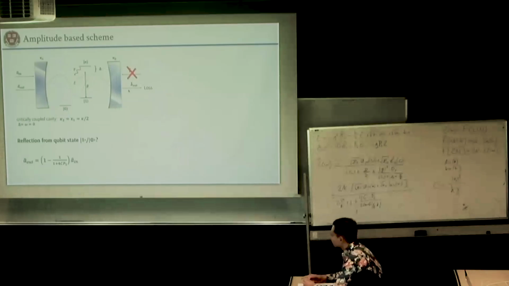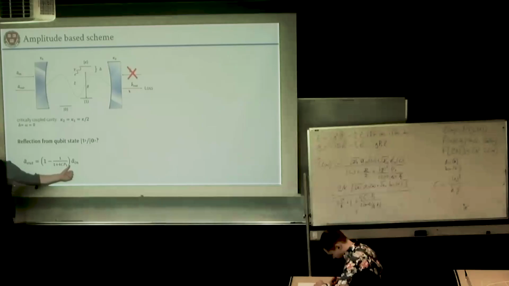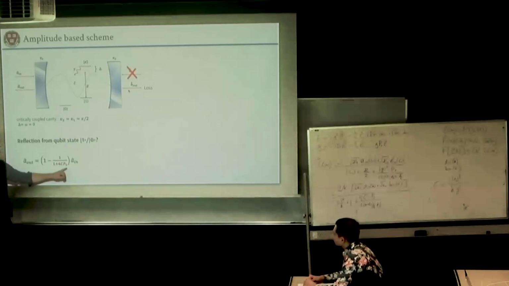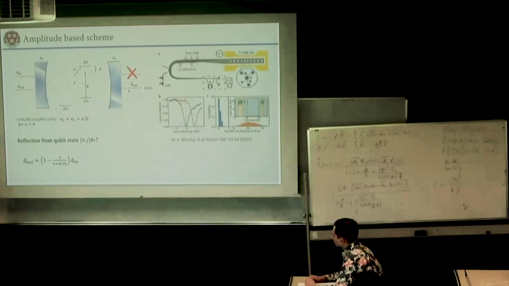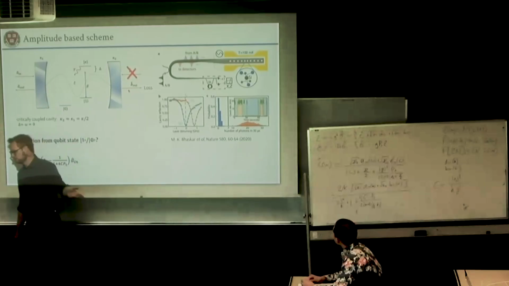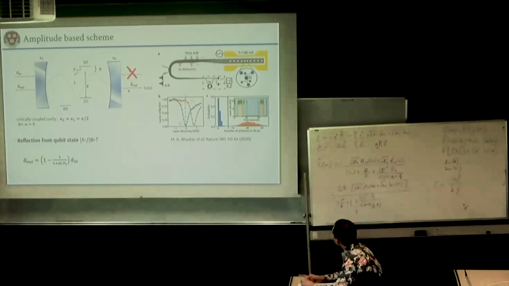I hope that matches what you got. Indeed, we see that if P is 0, this is 0: no reflection, critically coupled, we just lose light. If this is 1, if C is big, we're actually going to get full reflection. If it's not big, then we'll have some reflection, but also some transmission. This is a paper from 2020, so a little bit old, but to be honest, they're still doing the same thing.